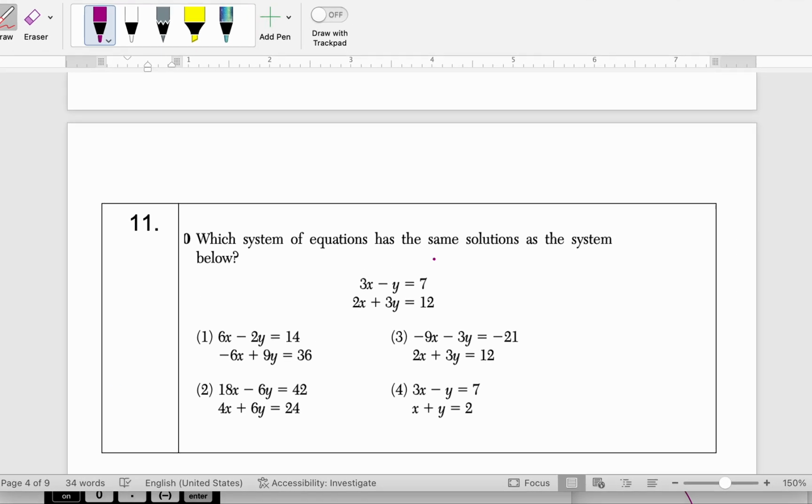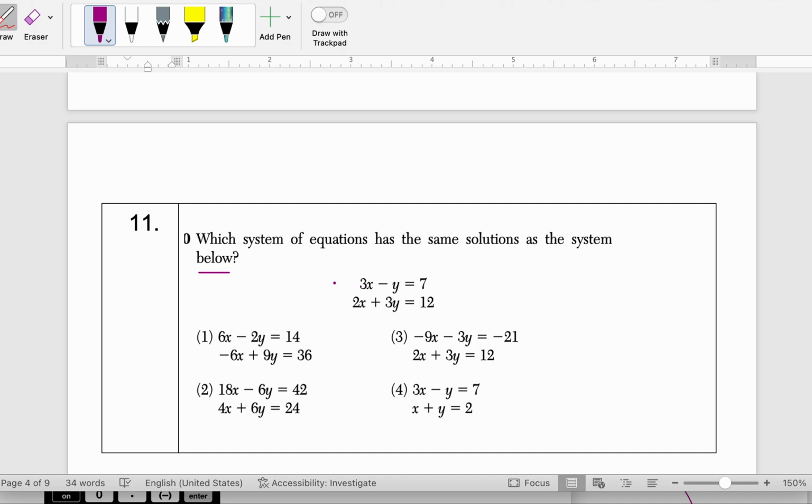Which system of equations has the same solution as the system below? Okay, now there's a couple of different ways you can do this. You can use graphing, and you can also solve them and see. So first thing I want to do is see how I can eliminate something here.